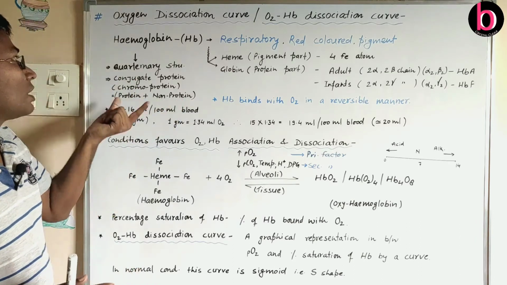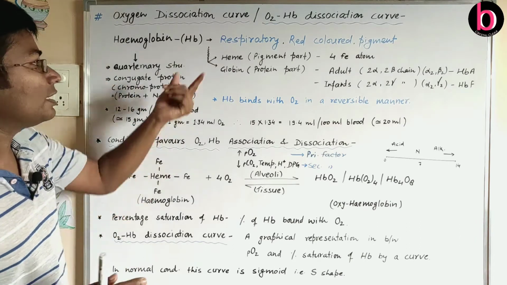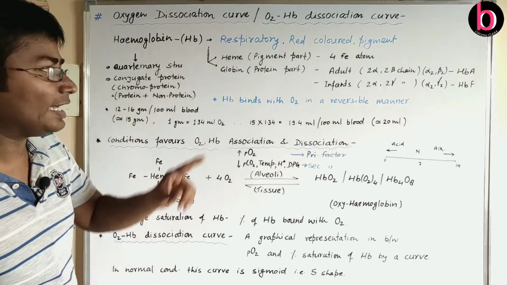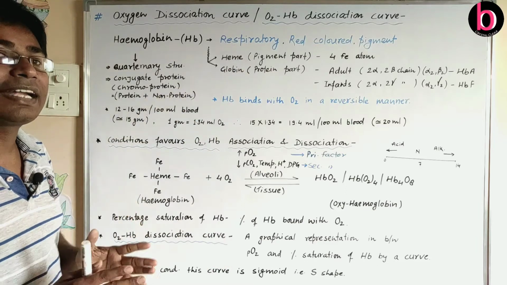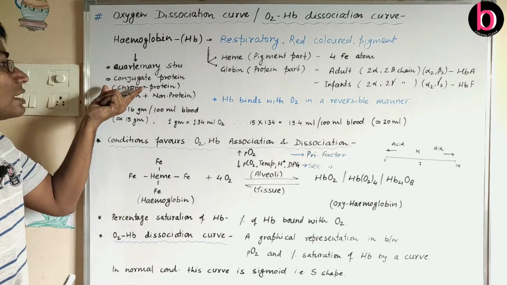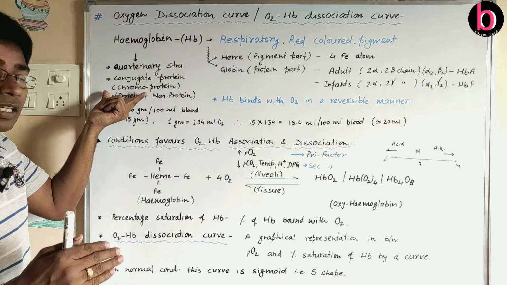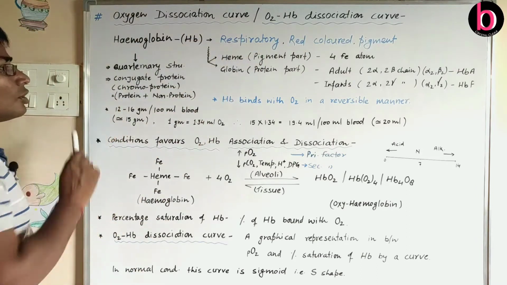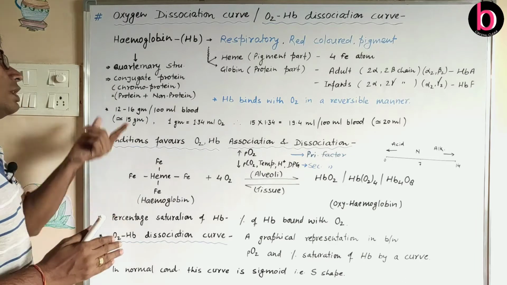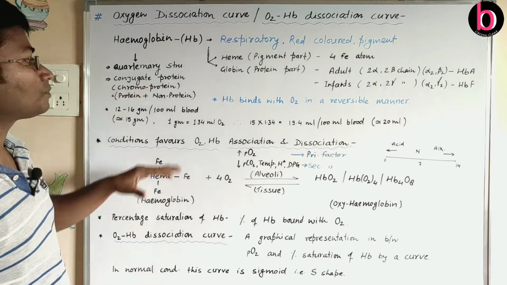Hemoglobin is made by two substances: heme, the pigment part, and globin, the protein part. This is colorful in nature, red colored as we already discussed, so it is also known as chromoprotein, chromo for colored.